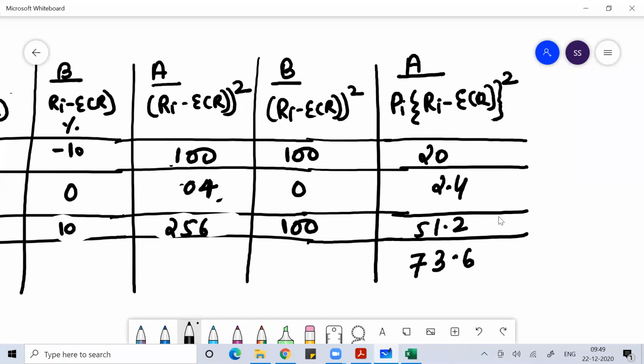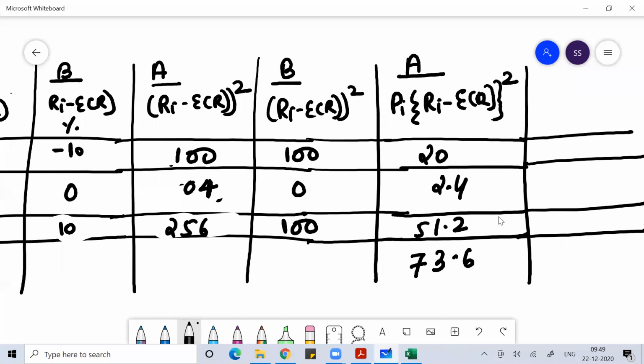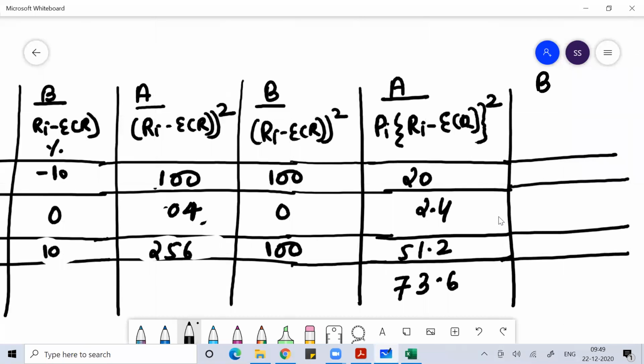Then do the same thing for B. Pi into Ri minus ER whole square. Do the same thing for B.